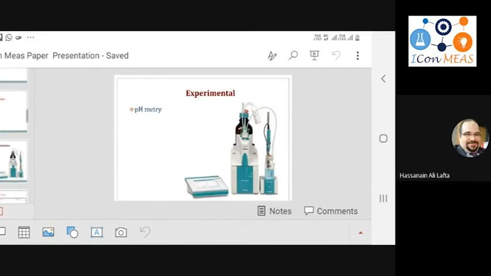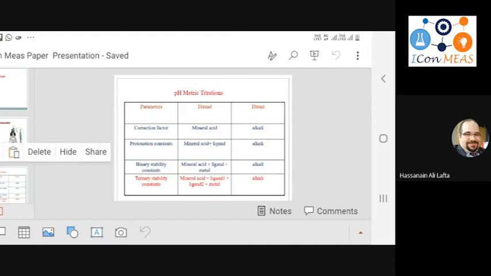The accuracy of the pH is 0.001. This is the pH metric titration. In this pH metric titration, I have determined correction factor, protonation constants, and also binary constants.